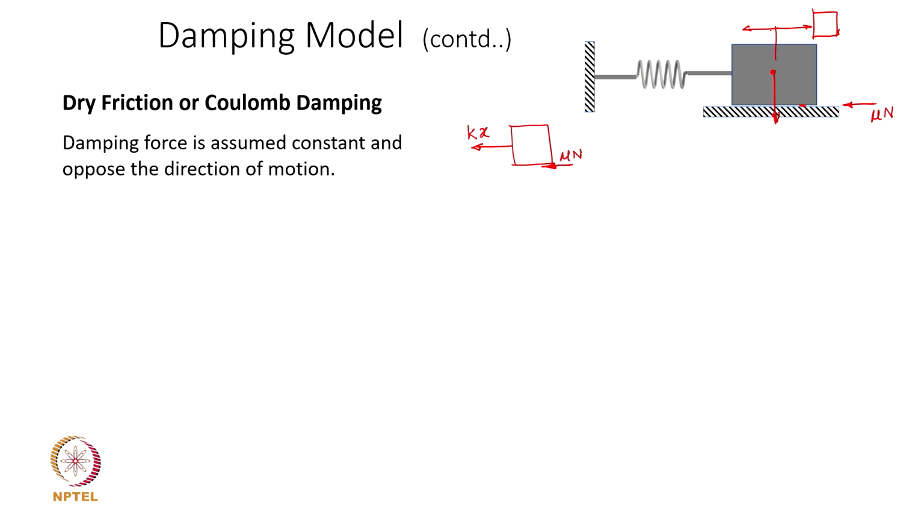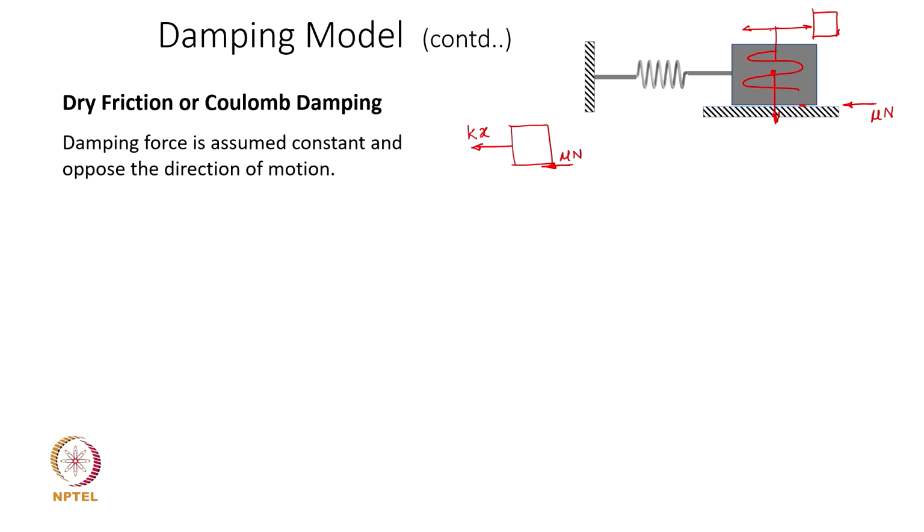Now, we all know that this friction force is going to generate heat at the interface, and that heat as it dissipates also absorbs or dissipates the existing vibrational energy, and therefore, as the mass oscillates about its mean equilibrium position, in every cycle some amount of energy is dissipated through friction and heat, and that is how the amplitude keeps on reducing over subsequent cycles, and that is the kind of damping we have here.